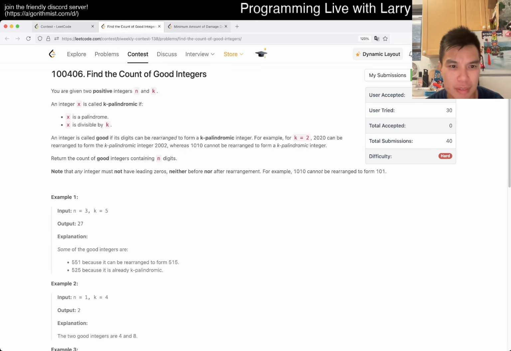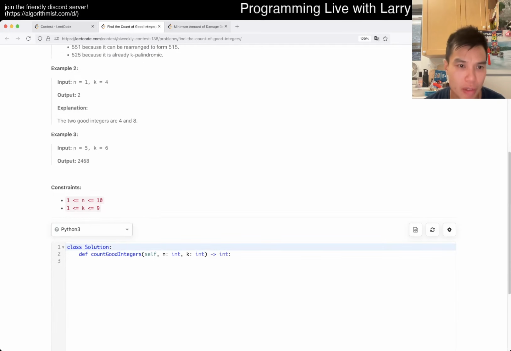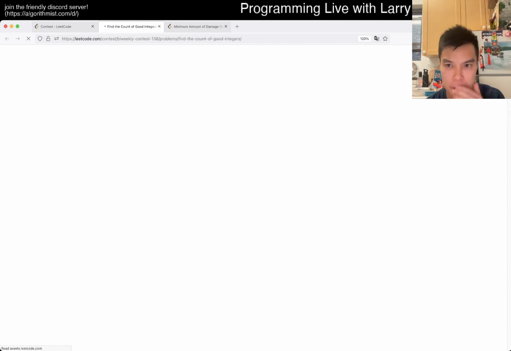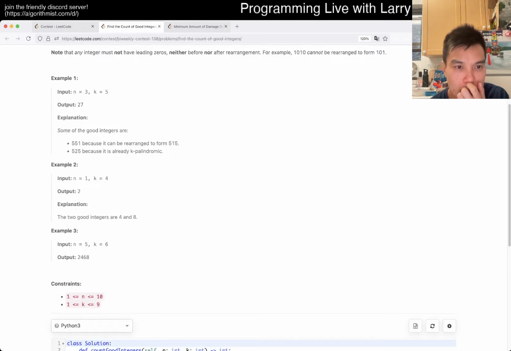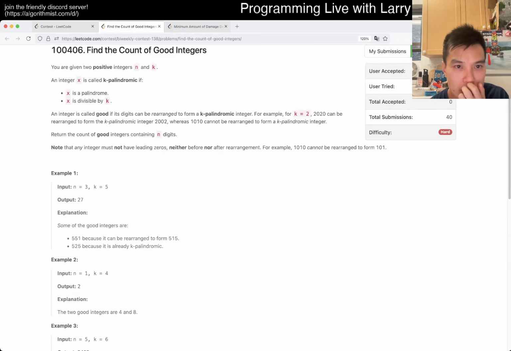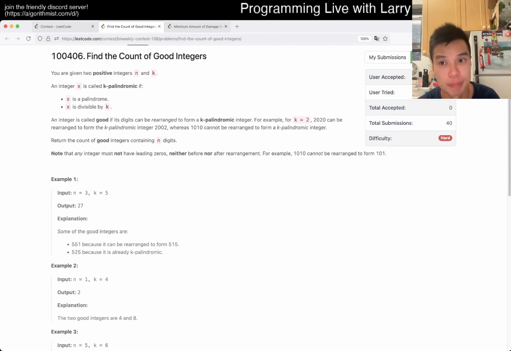Oh, divisible by whatever. Return the count of good integers containing n digits. And n can be 10. Huh. K is divisible, okay.